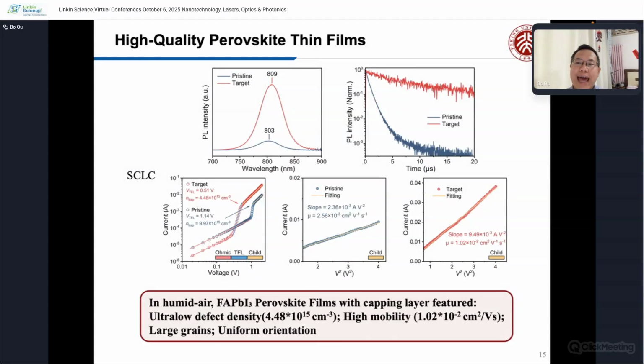The experimental data showed that in humid air, FAPbI3 perovskite films with the capping layer featured ultra-low defect density, high mobility, large grains, and uniform orientation.